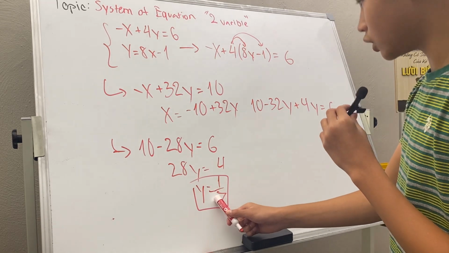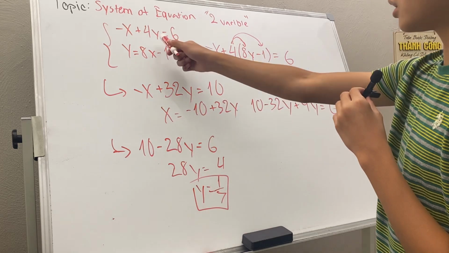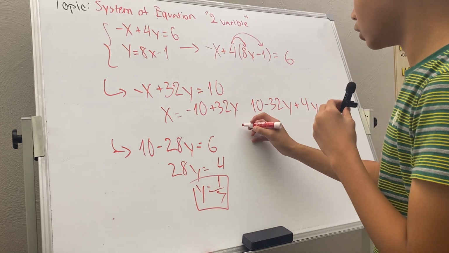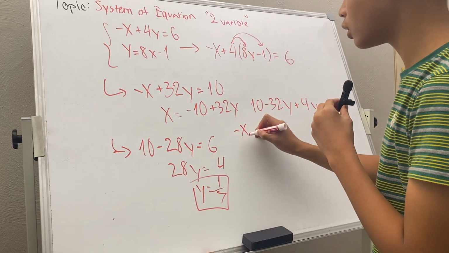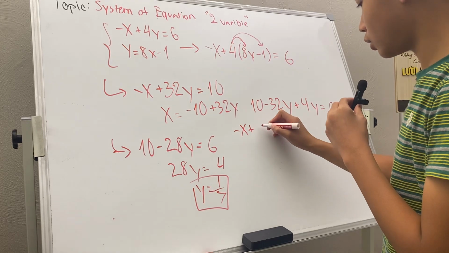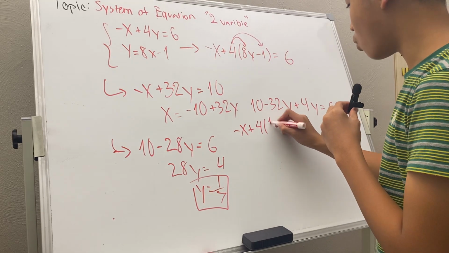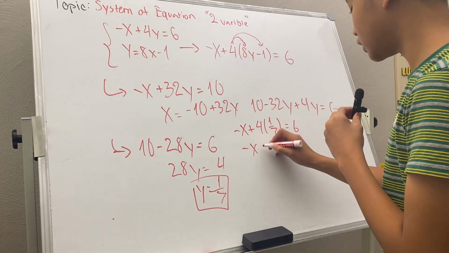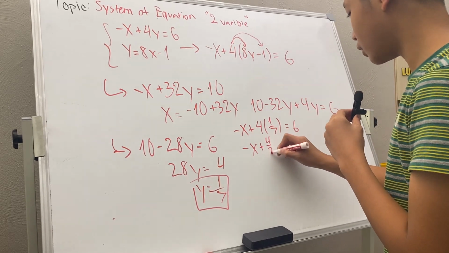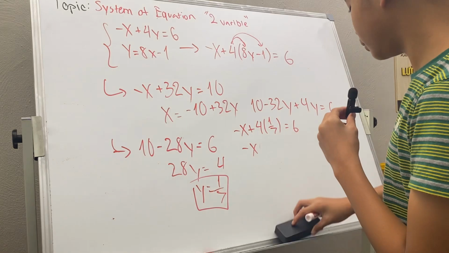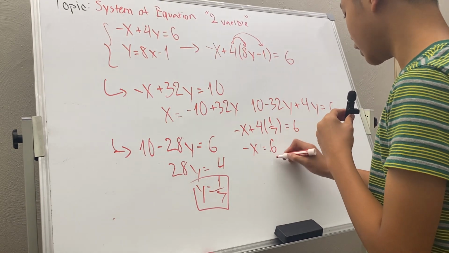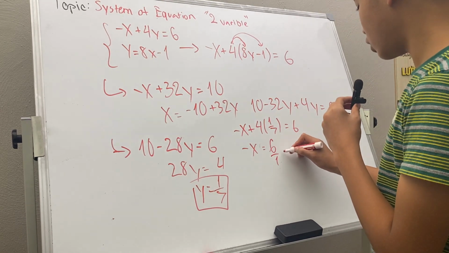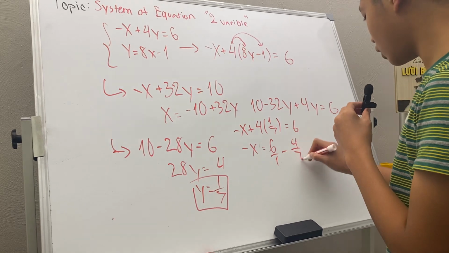And you can use this answer to plug in here and solve for this equation. So you get negative x plus 4 times 1/7 equals 6. So negative x plus 4/7. Let's move to the other side. 6/1 minus 4/7.